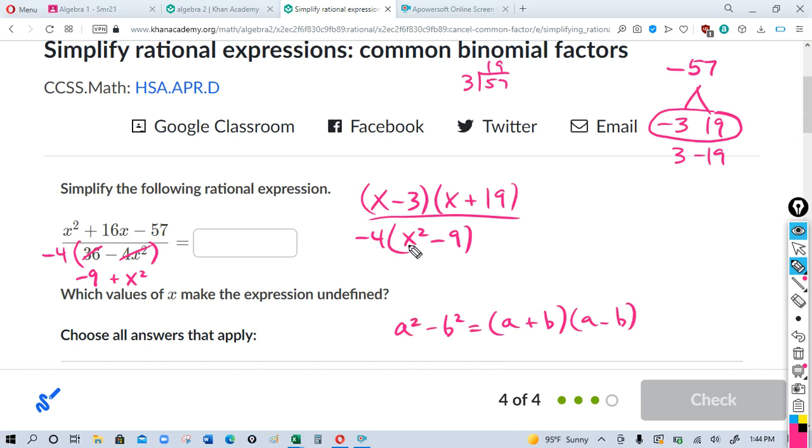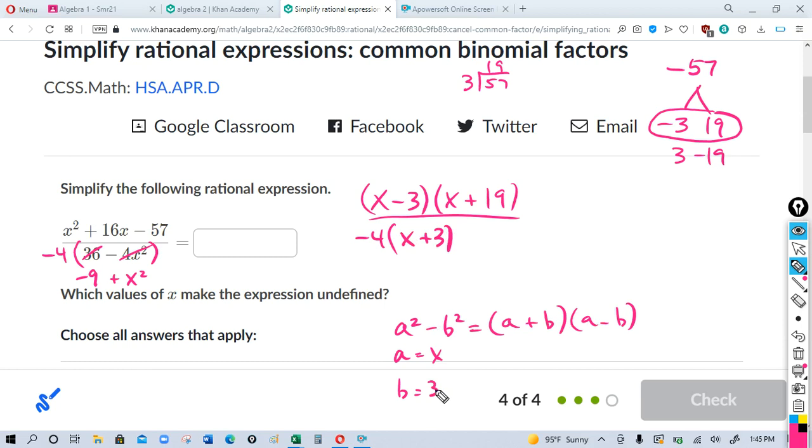So the a is just x. And the b is 3, because b squared is 9. So b is 3. Okay? So instead of x squared minus 9, I'm going to write this. A plus b is going to be x plus 3.